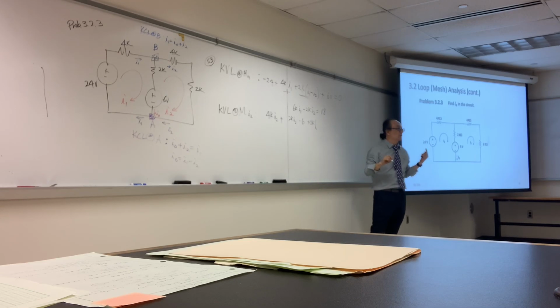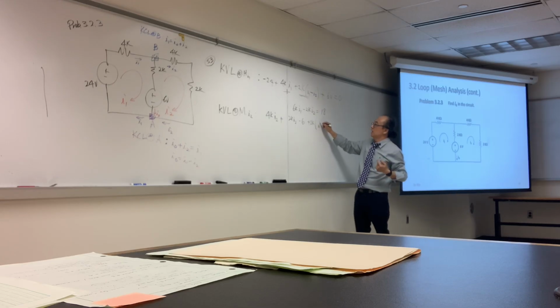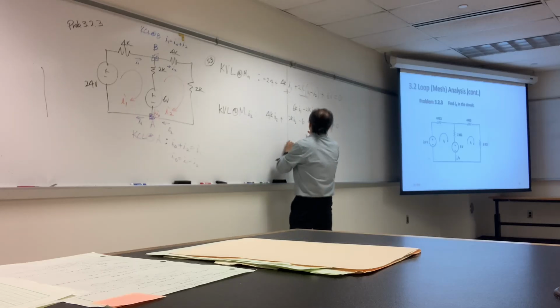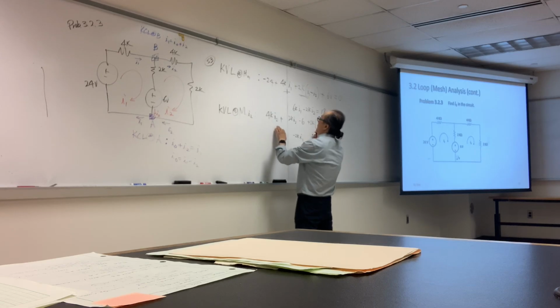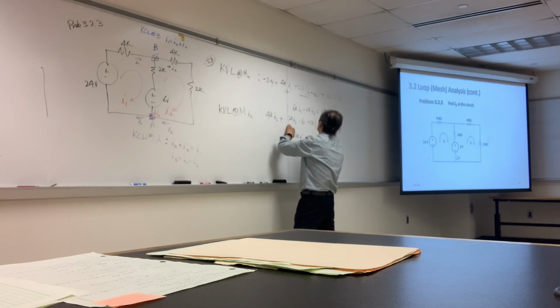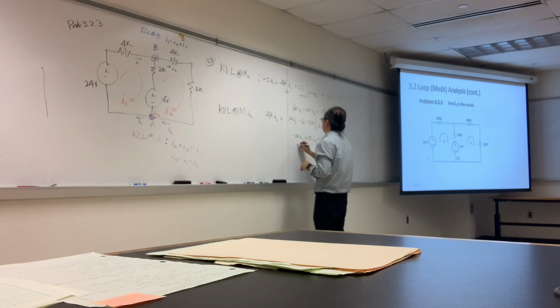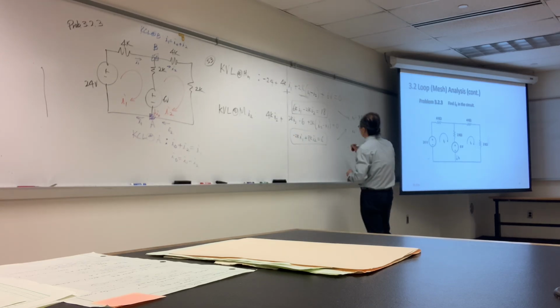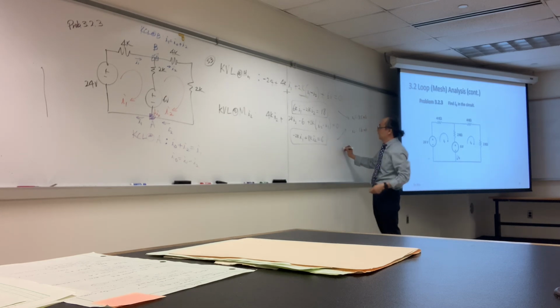Our reference current is I sub 2. Therefore, I sub 2 minus I sub 1 equals 0. So now, if you put this in, negative 2K I sub 1, plus 8K I sub 2 equals 6. The problem asks us to find I sub 0, and we did the KCL.